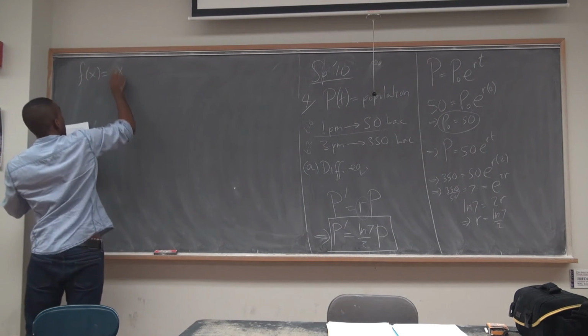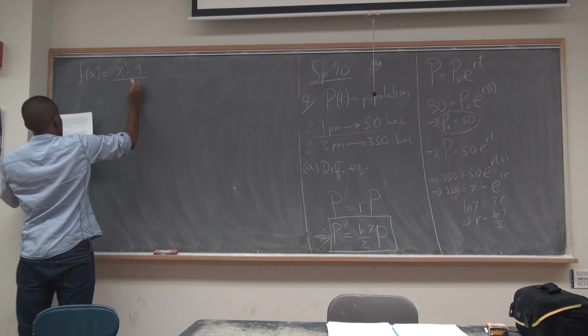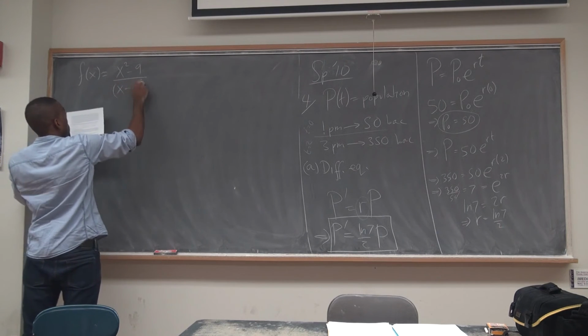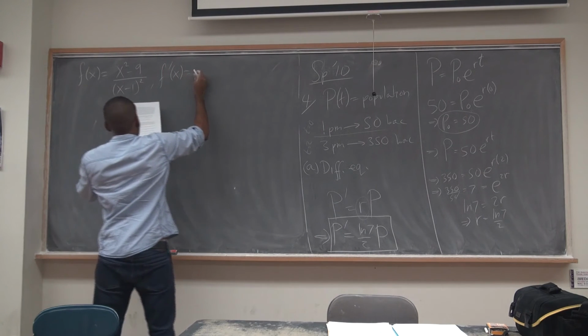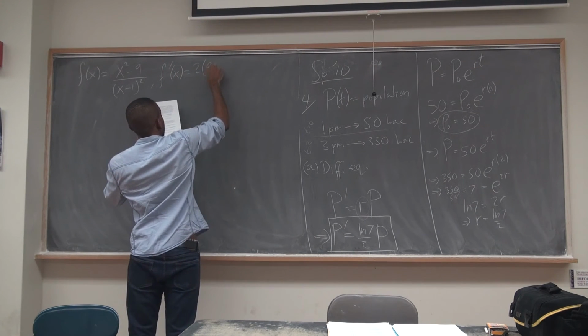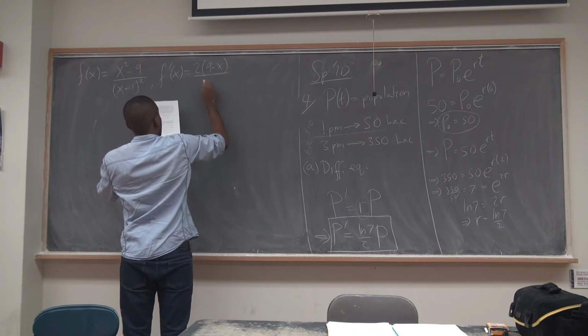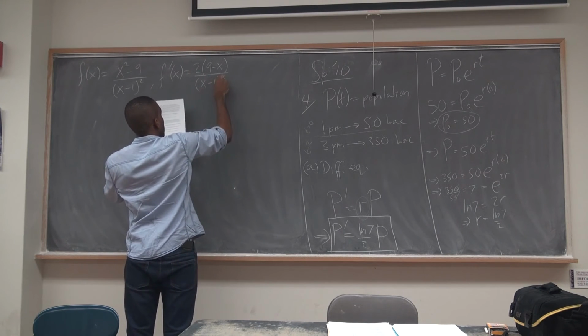So f of x equals x squared minus 9 over x minus 1 squared. The first derivative is 2 times 9 minus x over x minus 1 cubed.